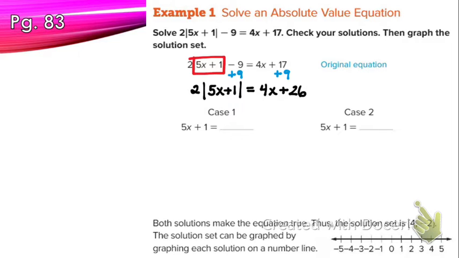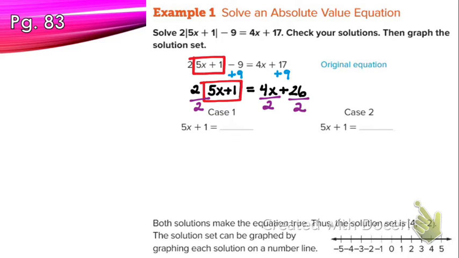But we're not done, because again, I need to get this by itself. So there's a 2 in front. How do I get rid of that 2? Do I subtract 2? You have to divide it. And why are we dividing out the 2? Because it's being multiplied. So let's divide it by 2. Now, when you divide by 2, you're dividing 4x by 2 and the 26 by 2.